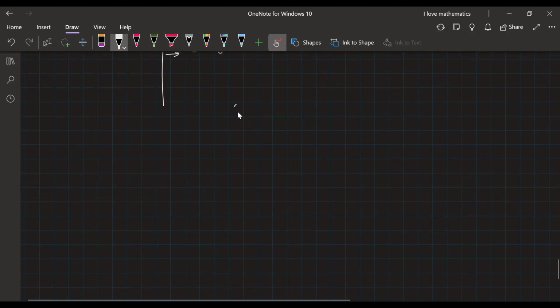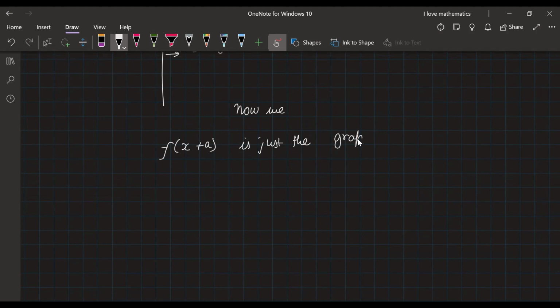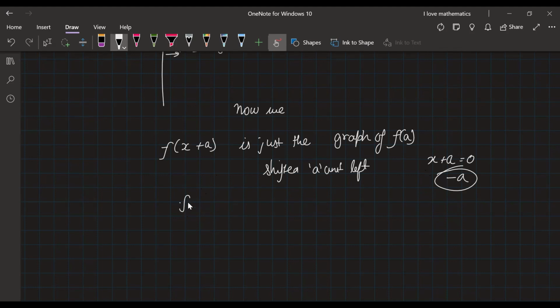So now we can infer that f of x plus a is just the graph of f of x shifted a units left. Why? Because x plus a would be 0 at negative a, right? Now f of x minus a is just the graph of f of x shifted a units right.